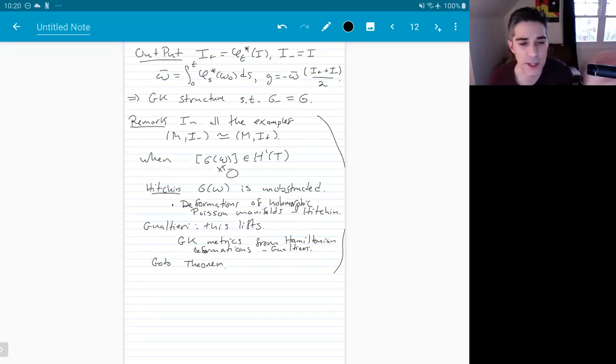Maybe it's helpful to say that. So what Goto proved was that if you have a generalized Kähler structure and one of the two is either symplectic or what he calls having a pure spinor, meaning that it has a trivial canonical bundle, the generalized complex structure. So the symplectic case is a good example of that.